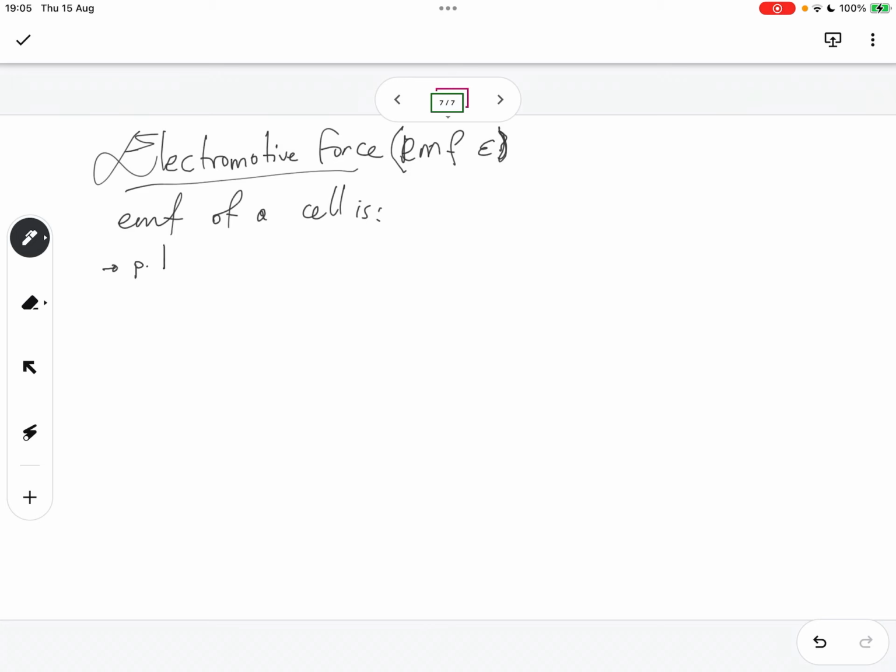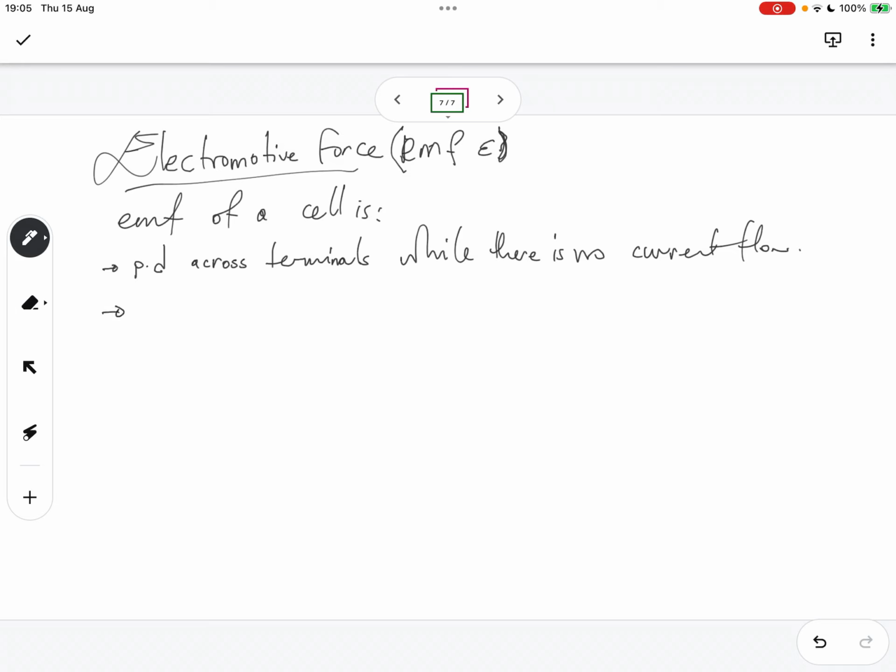So in other words, this is the potential difference across terminals while there is no current flow.